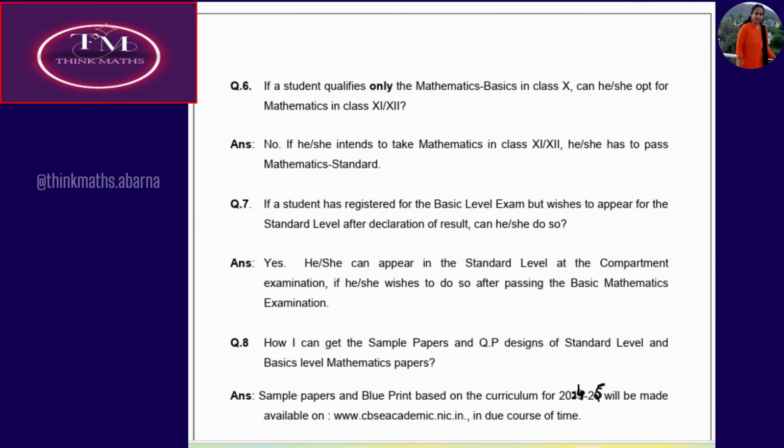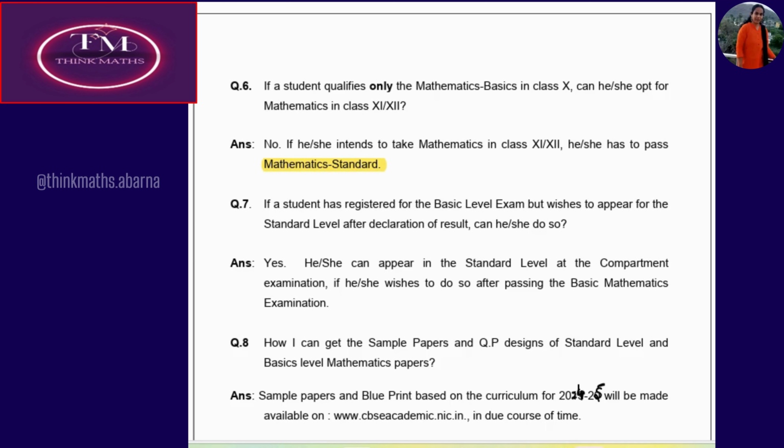Next, if a student qualifies only mathematics basic in class 10, can he or she opt for mathematics in class 11, 12? No. If he or she takes mathematics in class 11 and 12, he has to pass mathematics standard. So this is strictly followed.